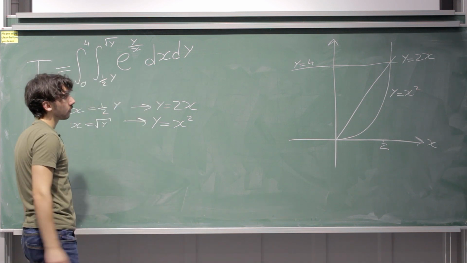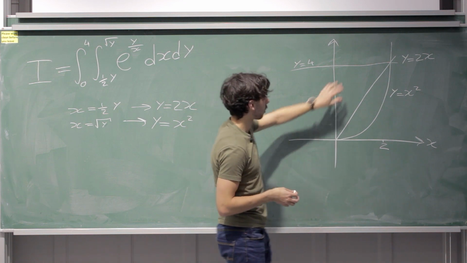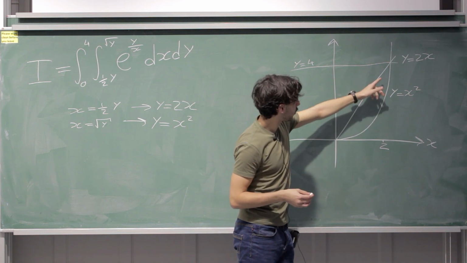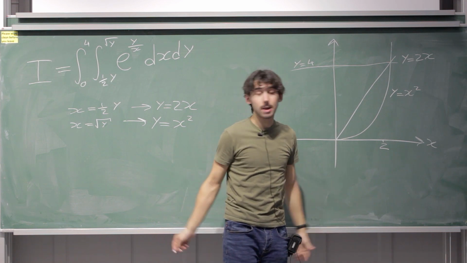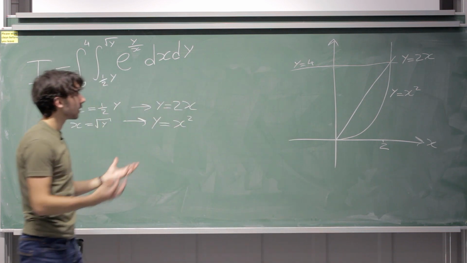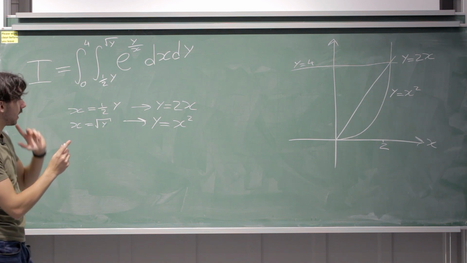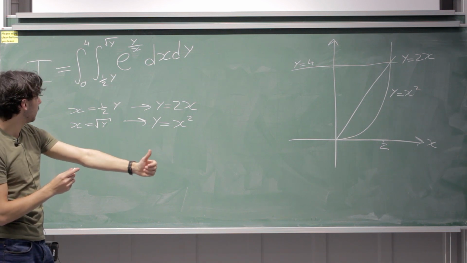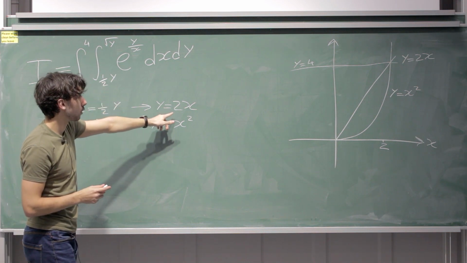Okay, cool. And let's figure out what the region is, because as you can see, there's a few regions here. There's a kind of triangle, and there's also this strange pea pod shape. So which one is it? How can we figure that out? Well, in the x direction, left to right, we're bounded leftwards by a half y, which is basically the same as y equals 2x.